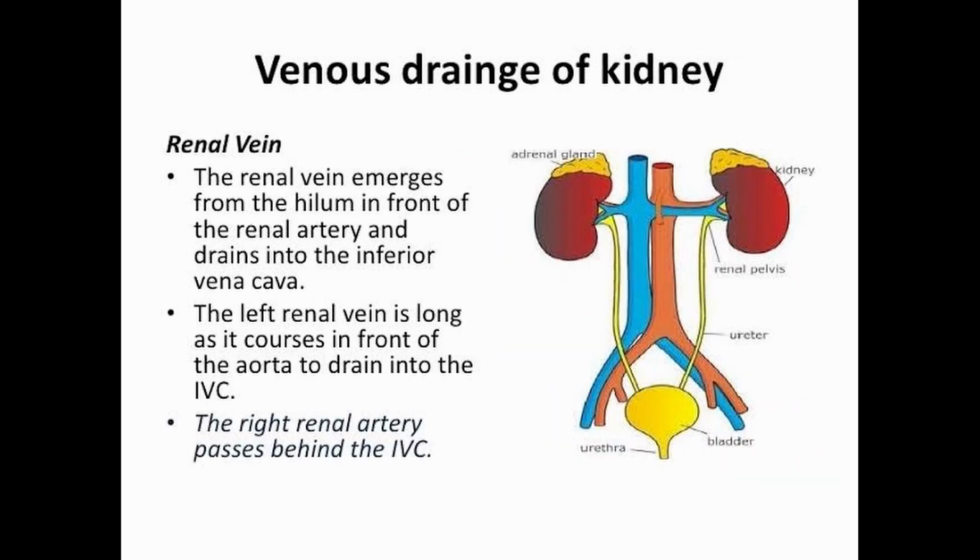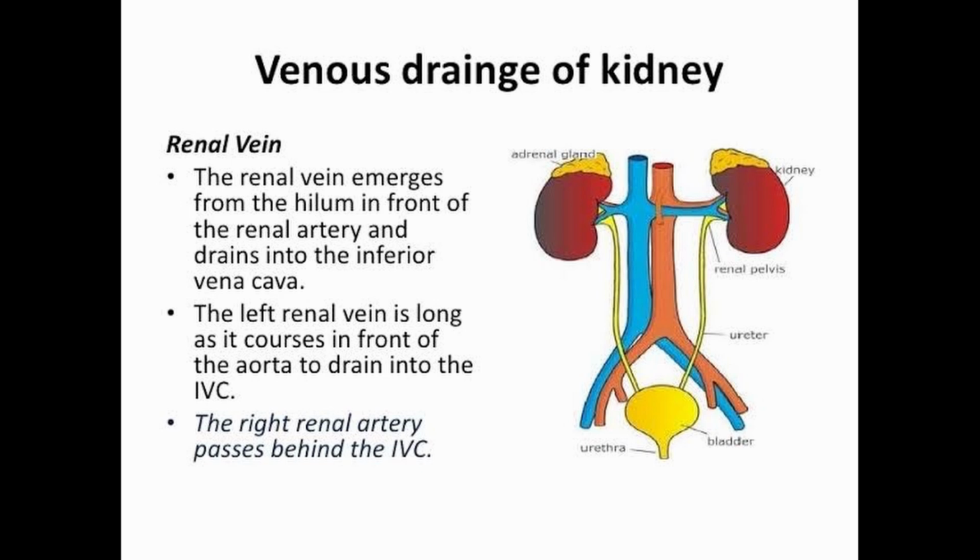Now we discuss the venous drainage of the kidney. The renal vein emerges from the hilum in front of the renal artery and drains into the inferior vena cava. The left renal vein is long, as it courses in front of the aorta to drain into the inferior vena cava.